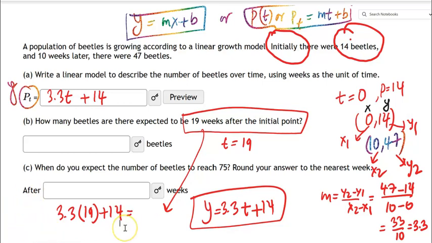That gives you the number of beetles after 19 weeks, which is 76.7 beetles. Here you don't actually need to round your numbers, so you can just write 76.7 as the number of beetles after 19 weeks from the initial point.